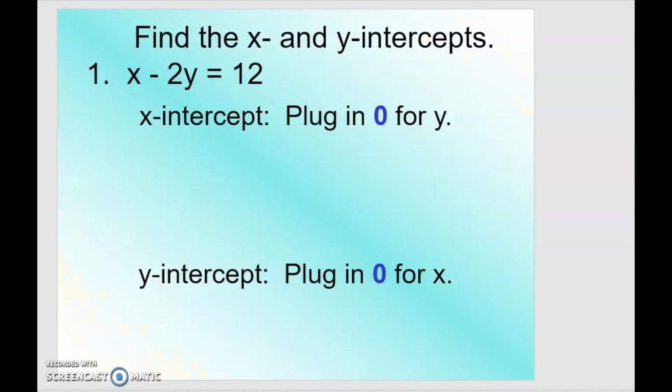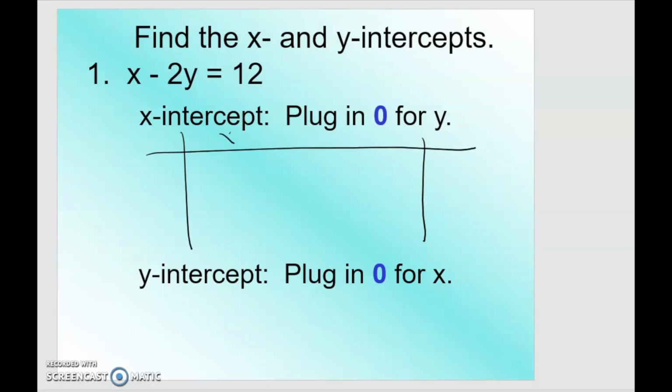So here's our first equation, x minus 2y equals 12. We're going to go back to our same H chart that we talked about yesterday, where we put our equation in the middle, x minus 2y equals 12.